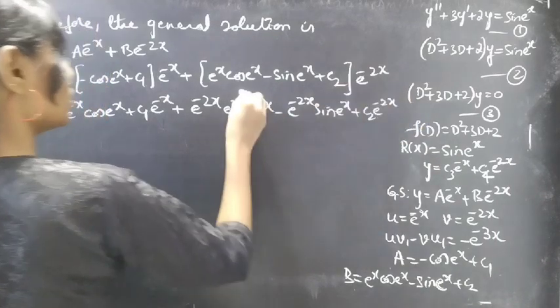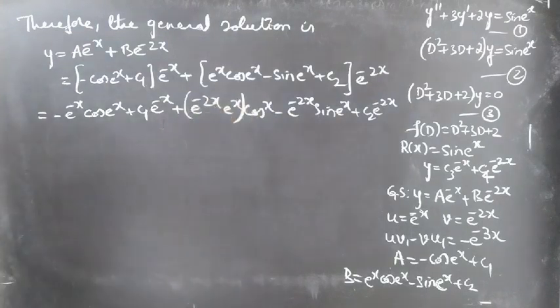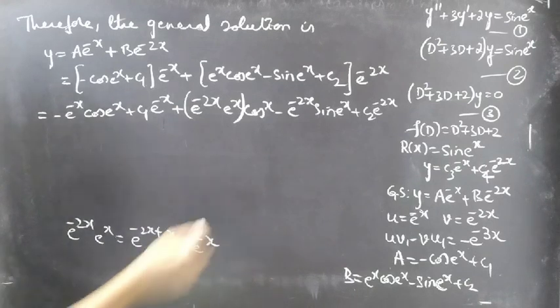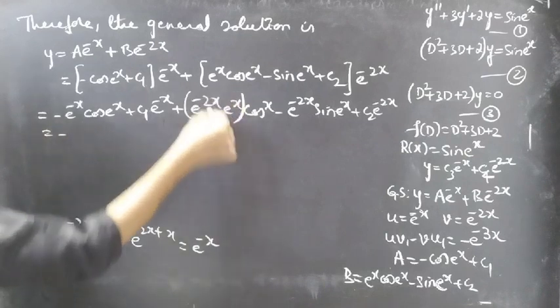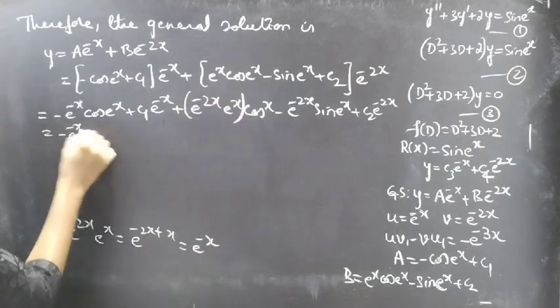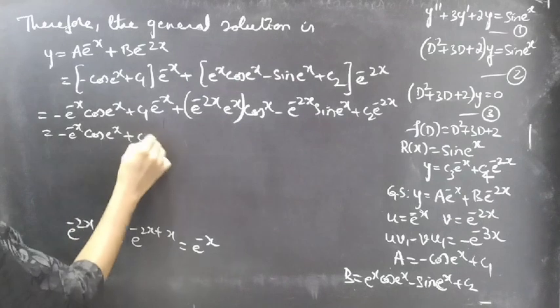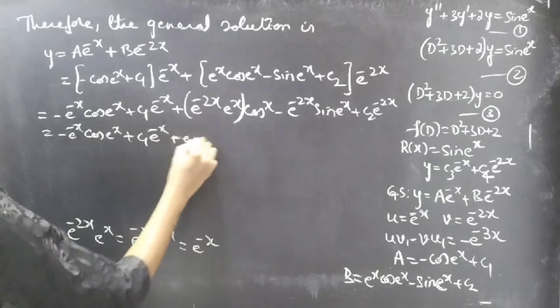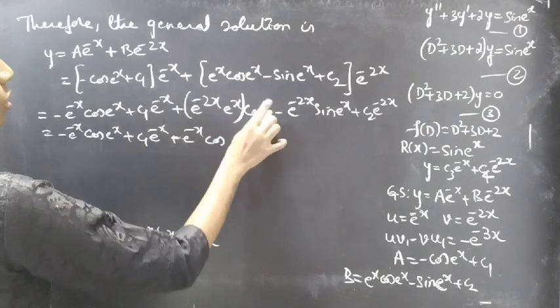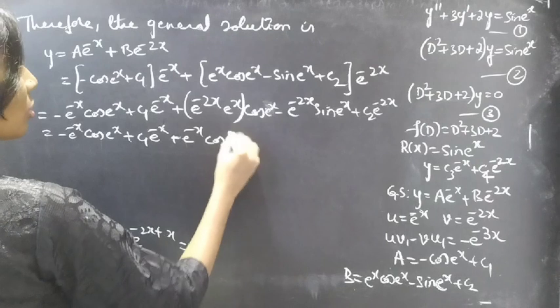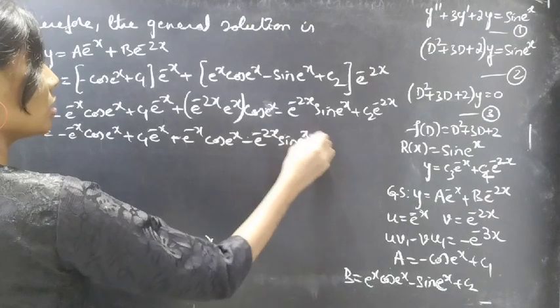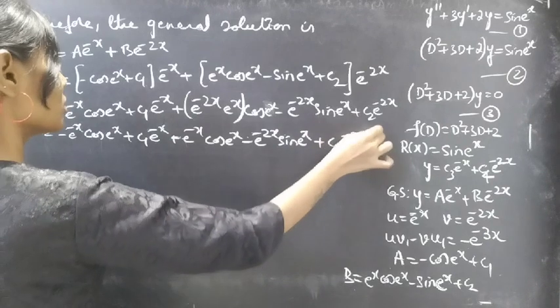Here we are having e power minus 2x into e power x, right? We can write this as e power minus 2x plus x, which gives us e power minus x. Now just replace this with e power minus x. We'll get e power minus x cos e power x plus c1 e power minus x plus e power minus x cos e power x minus e power minus 2x sine e power x plus c2 e power minus 2x.